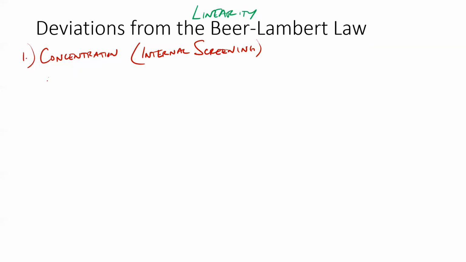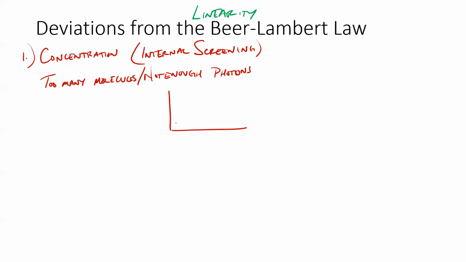And so if we have too many molecules, slash not enough photons, right, we're going to get that curve that we saw in lab where we're linear for a long range in concentrations, but then at some concentration it starts to level out.